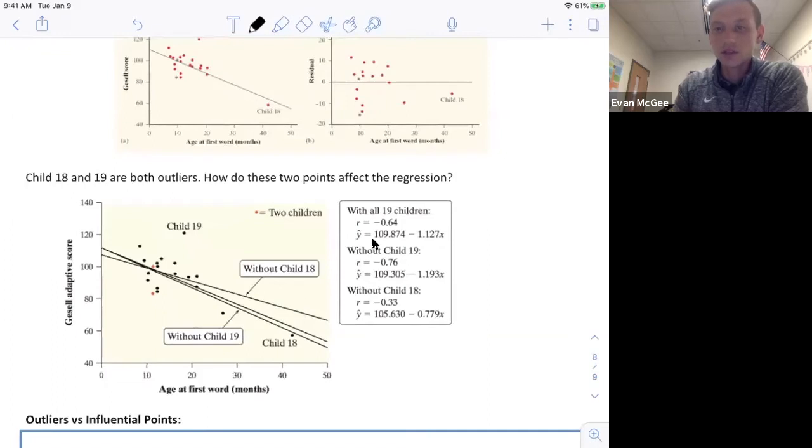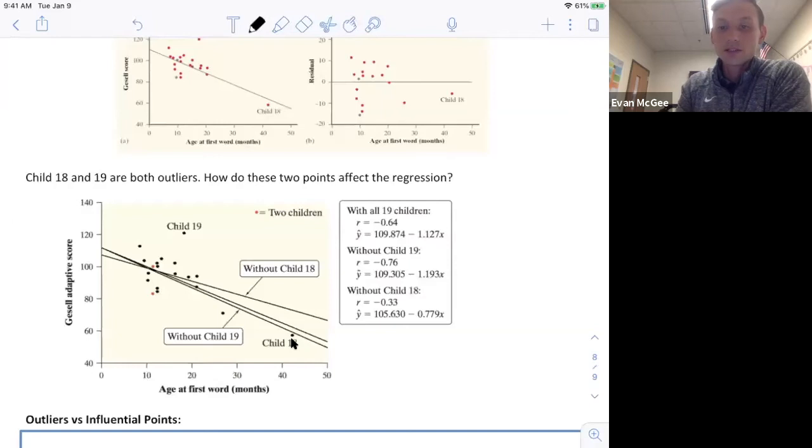With all the children, we have a correlation of negative 0.64 and the slope is 1.127. If we remove child 18, the correlation is almost cut in half and the slope drastically changes. So that's showing that child 18 is an influential point.